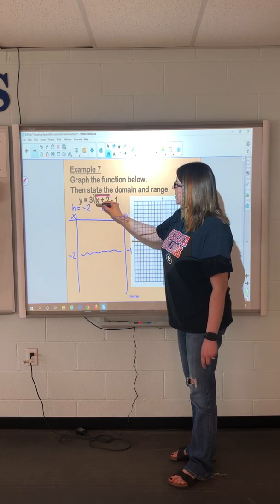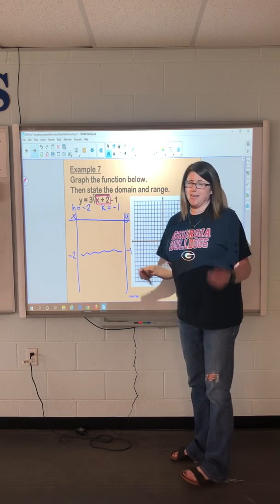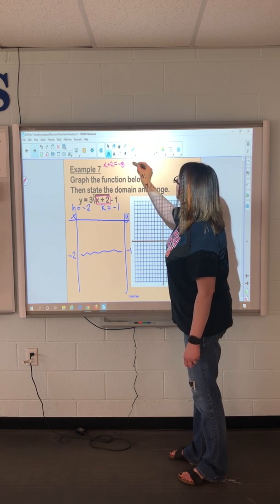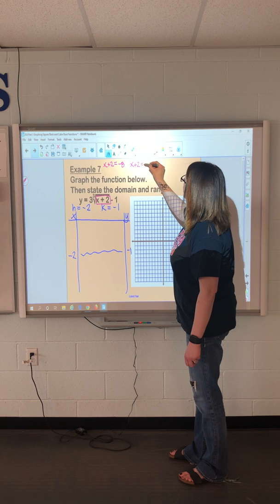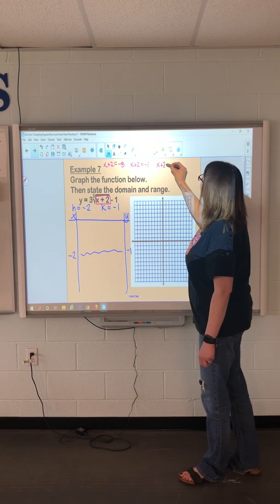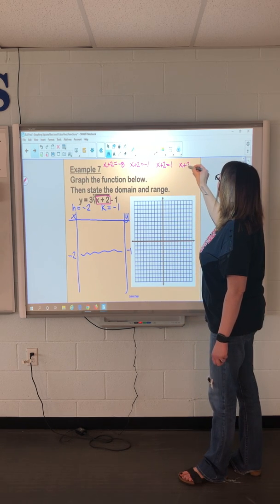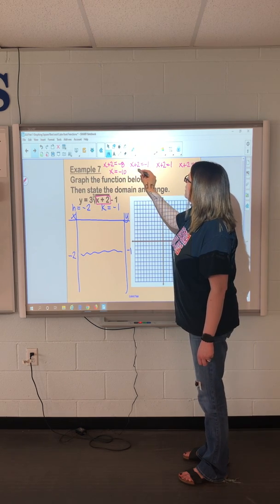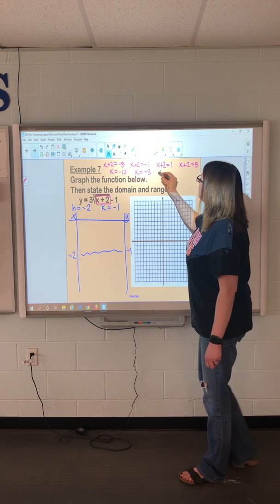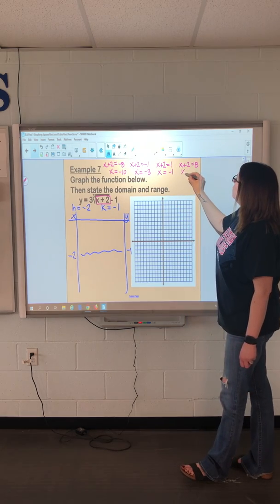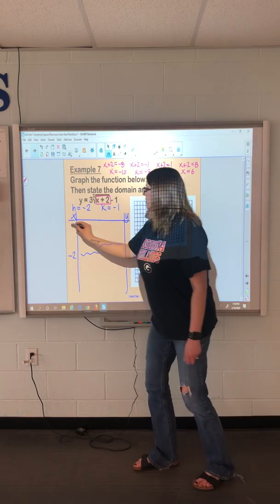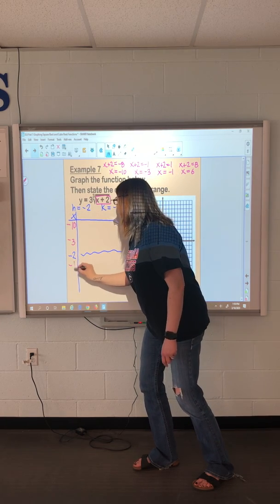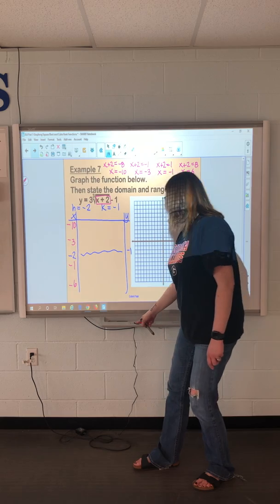Again, we're going to take that radicand and set it equal to those perfect cubes: negative 8, negative 1, 1, and 8. So we're going to get x values of negative 10, negative 3, negative 1, and 6.